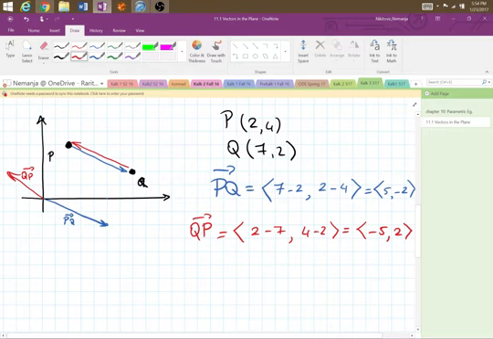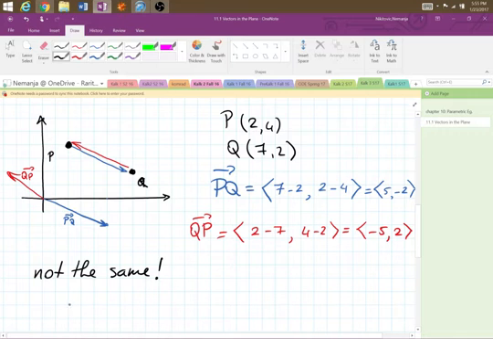And you can see that it's a matter of distributing negative 1 to actually make them the same. So these two vectors, not the same. They have the same magnitude, but they don't have the same direction.